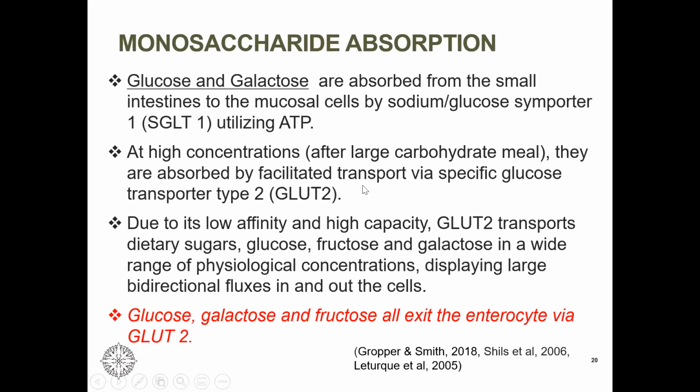The body is prepared to take up all the sugar. It is conditioned, I think. Then glucose, galactose, and fructose all exit the enterocyte via GLUT2. So for entering inside the cell, we have different mechanisms. However, for exiting at the basolateral membrane, we have only GLUT2.